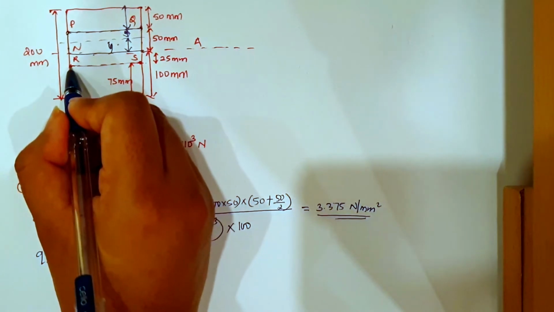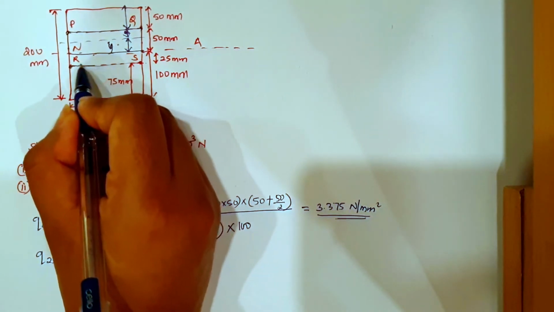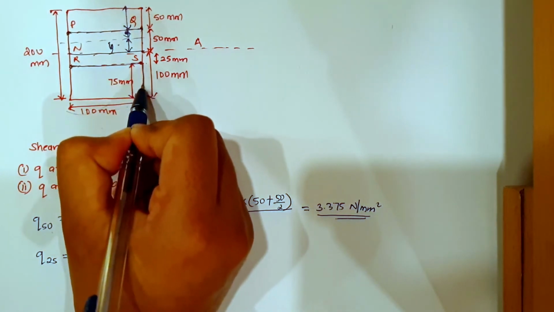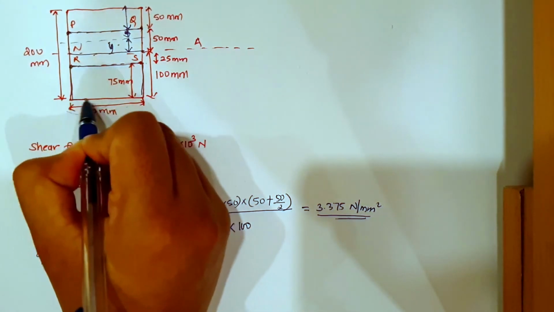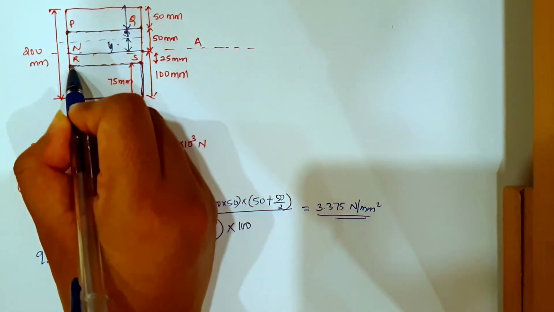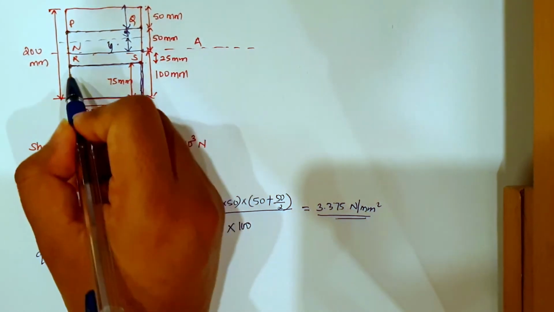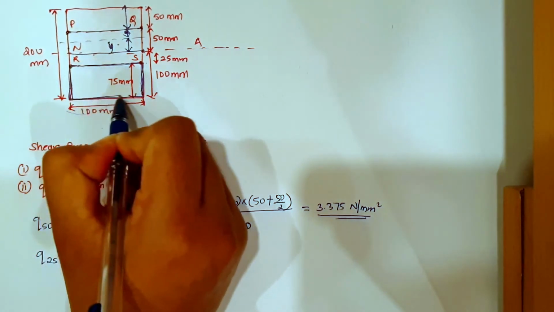Now area, need to take area of this section, which will be this box, this much box. Okay, it is below the neutral axis at 25 mm, so we have this much. So what is the area of this much box?